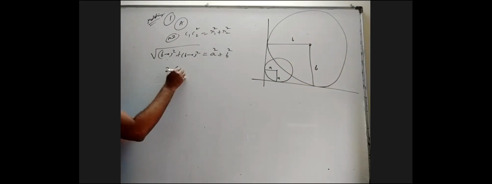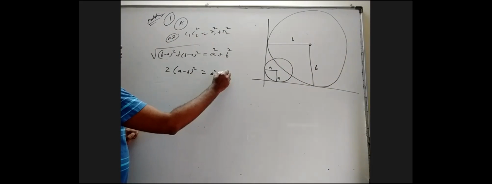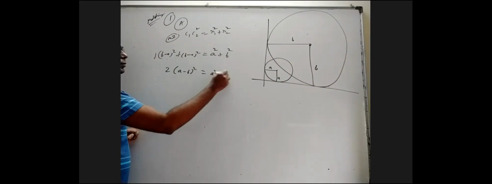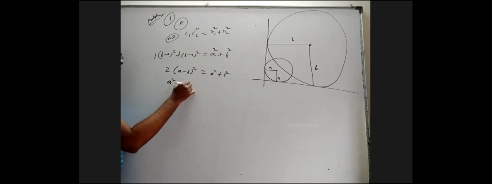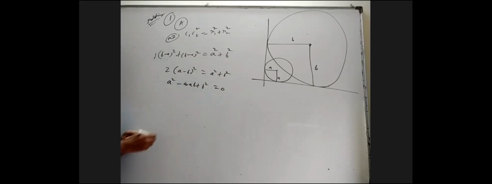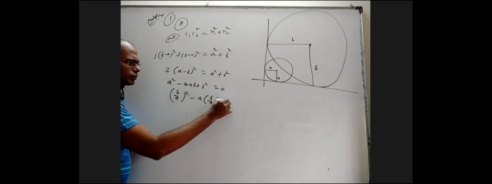So I'll get 2 into (A minus B) whole square is A square plus B square. When I expand this and take one side, I'll get A square minus 4AB plus B square equal to 0. Then again divide by A square, we will get (B by A) whole square minus 4 into (B by A) plus 1 equal to 0.